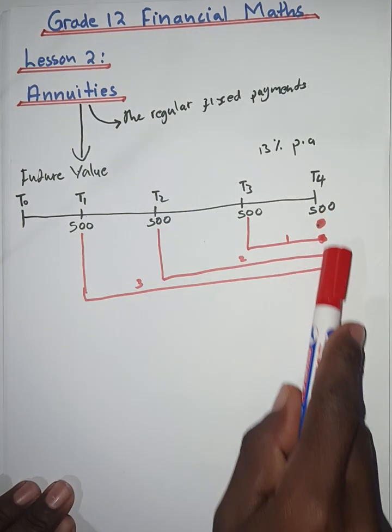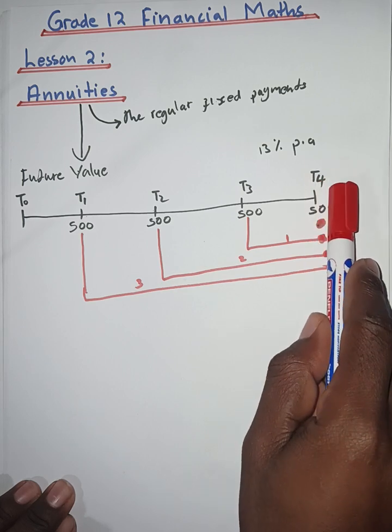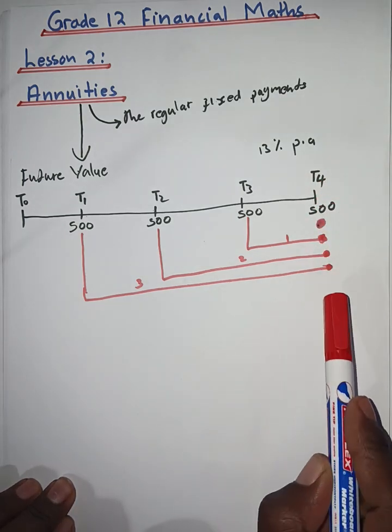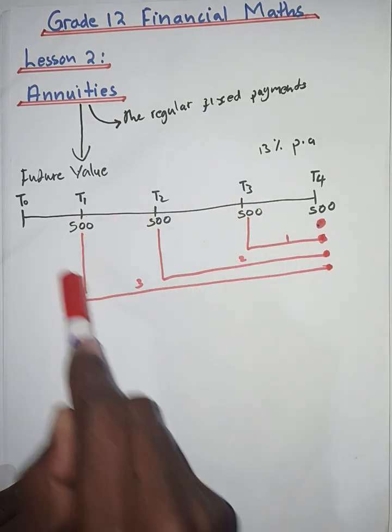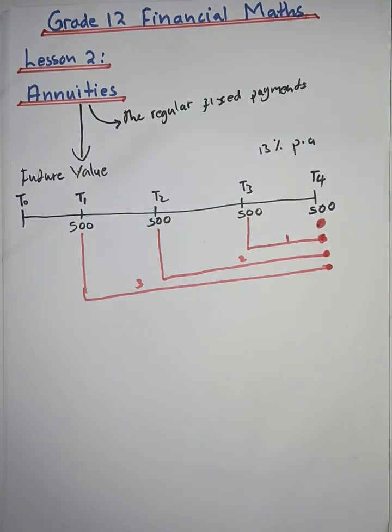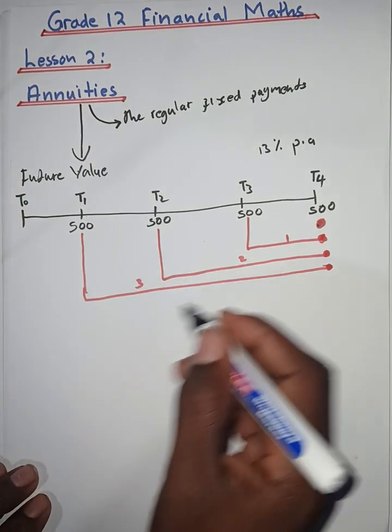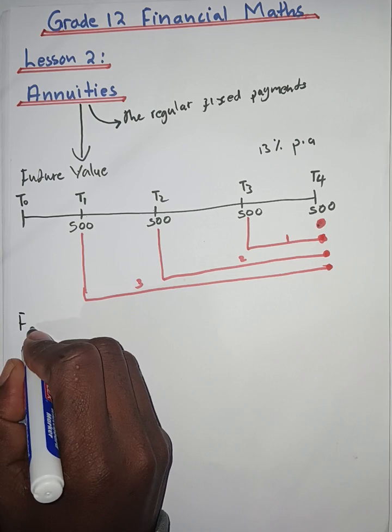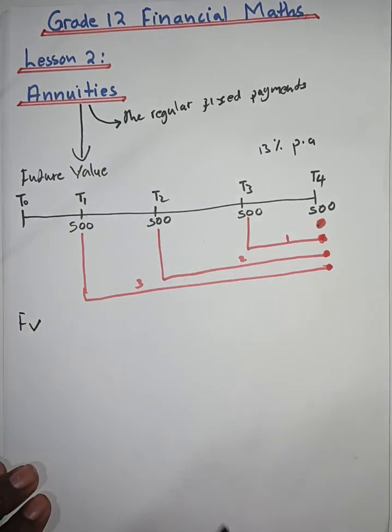In this case we chose T4, because they say we must calculate the future value of all of these payments, including the interest. So the future value would be VF.